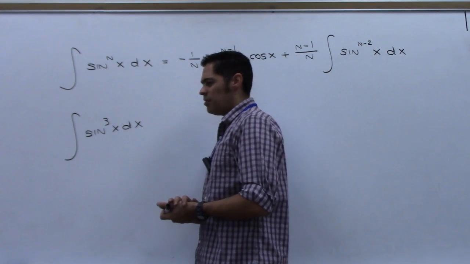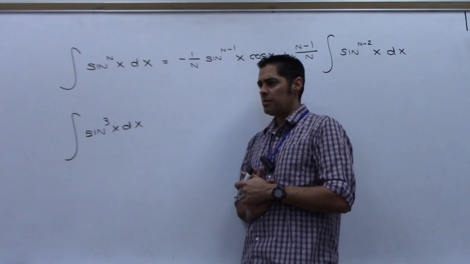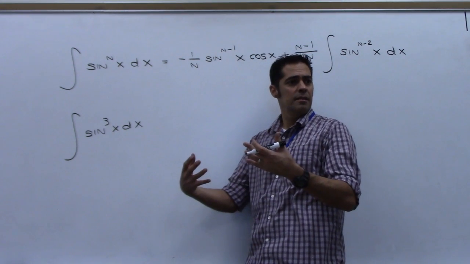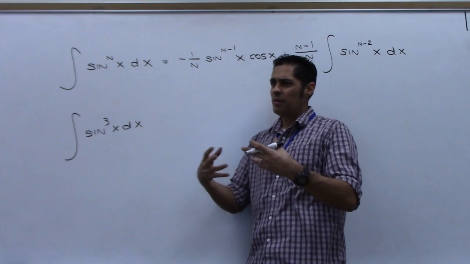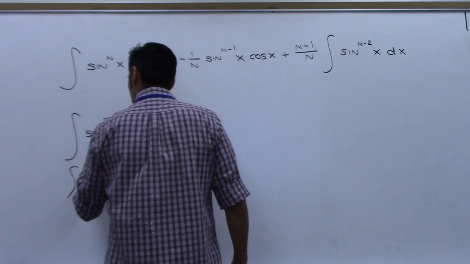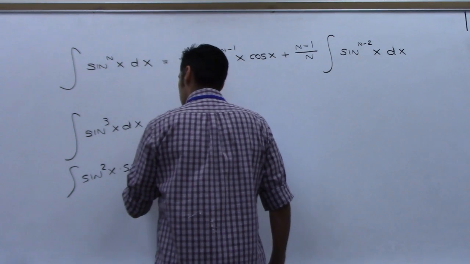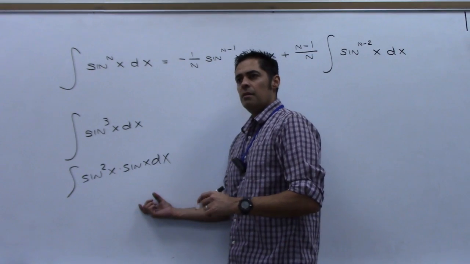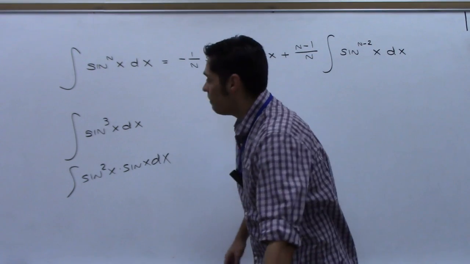Do you see the inherent problems with this? What are you going to choose to let be your u and your dv? It's going to be a difficult choice. You could split it up and write it as sine squared x times sine x dx, and choose maybe that to be your u and this to be your dv. But it's going to be a mess.